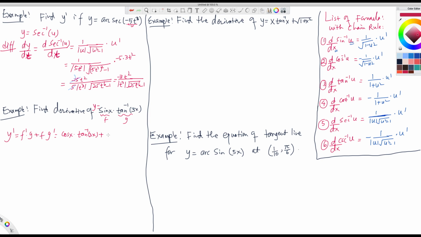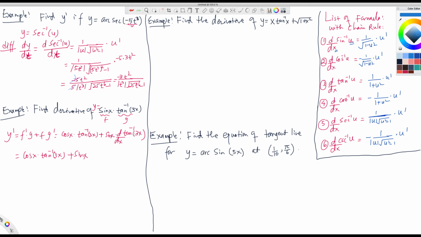Plus f is sine x, and then the g prime will be, let me write d over dx, so that it will be easy for you to see, of tangent inverse 3x. You see that? So the first one will be as it is, cosine of x times tangent inverse 3x, plus sine x times, look at this one, this is like d over dx of tangent inverse, not x.